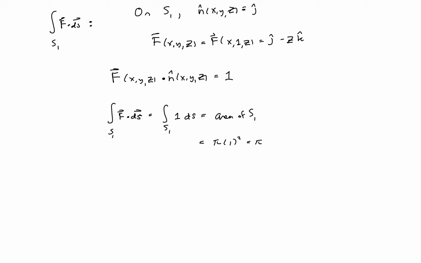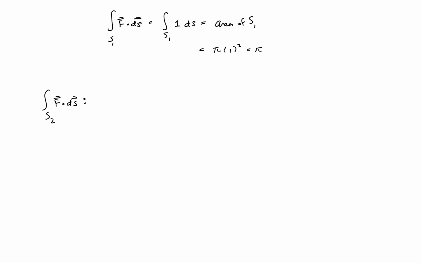So that one was nice and easy to do. We didn't have to do any parameterizations. So let's move on to S2 now, which is going to require a parameterization. It's going to be a bit more work. Since one of the variables is a function of the other two, we'll do our standard technique for this parameterization.